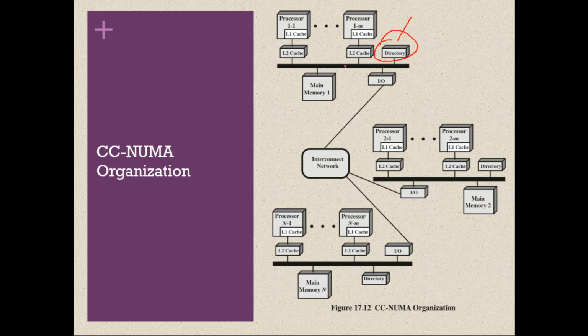For example, a particular line, say line 28, may belong to this node's main memory, node 1's main memory, but some other node might have requested this line also.